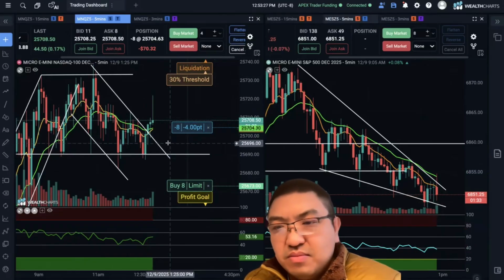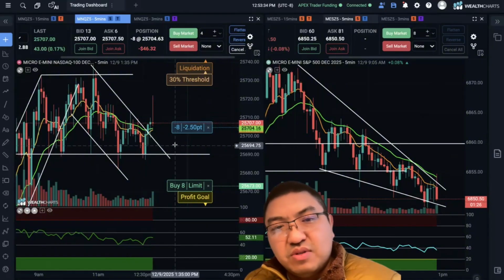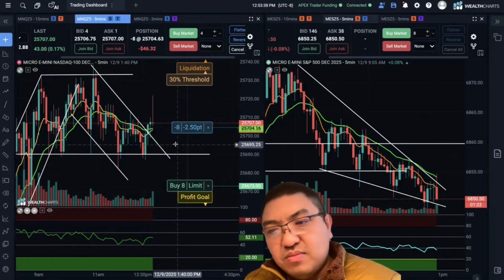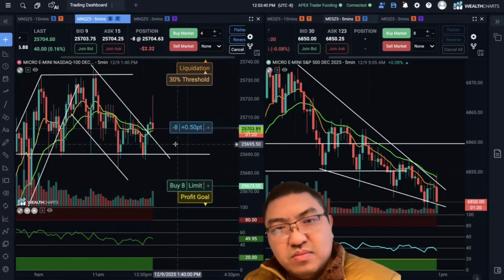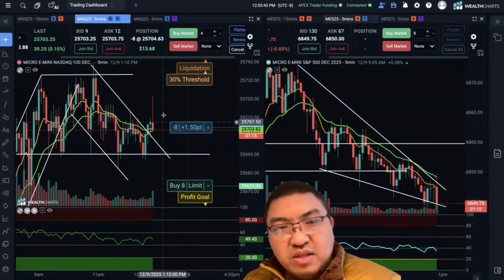Liquidity sweep, right? Yeah, ES reversed downward, and NQ finally reversed downward. Scares me. If liquidity is like this, then the downward move is going to be huge.